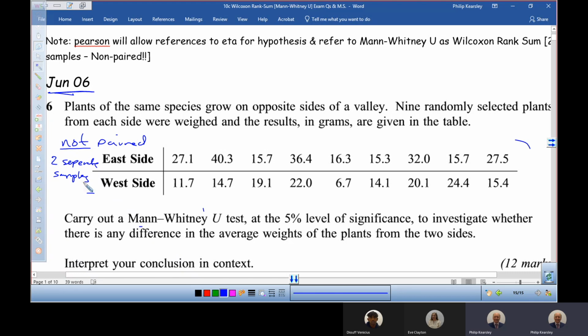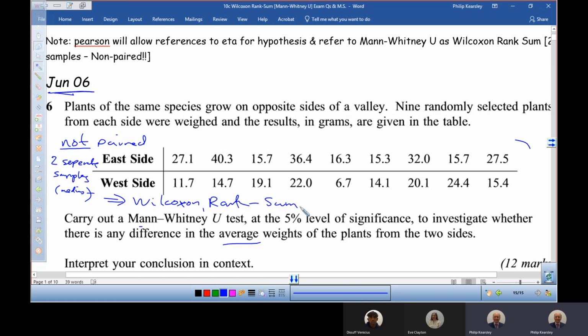Because it's not paired, because you have two separate samples, because it's an average, so median, the only two-sample medians test is the Wilcoxon rank sum.